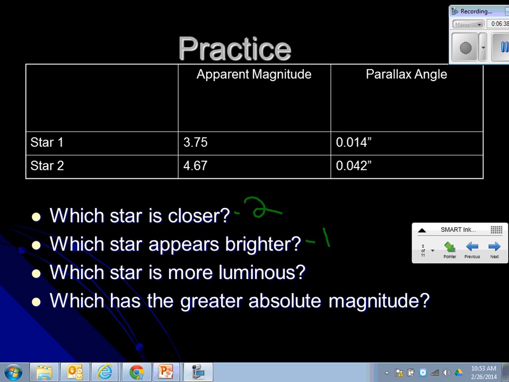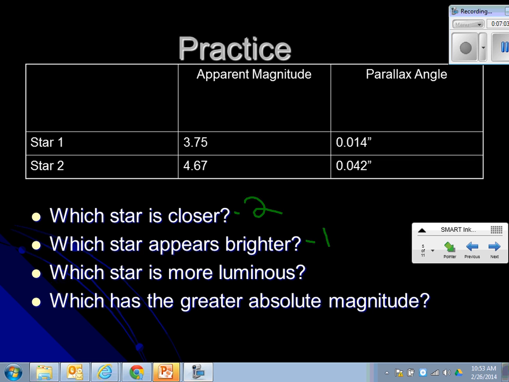Which star is actually more luminous? Star 2. And what makes you say 2? Because the parallax angle is 3 times greater from star 1 to star 2, but the change of 1 unit in apparent magnitude equals 2.512 times greater brightness, so star 2 must be more luminous. Everybody in agreement?